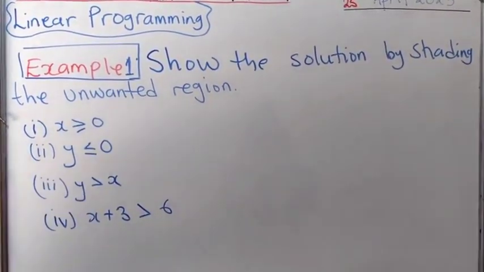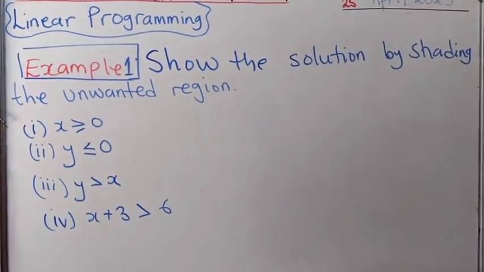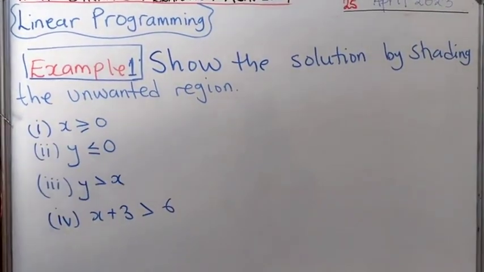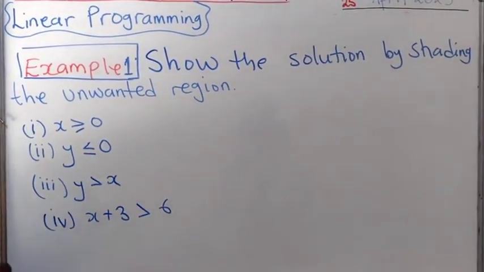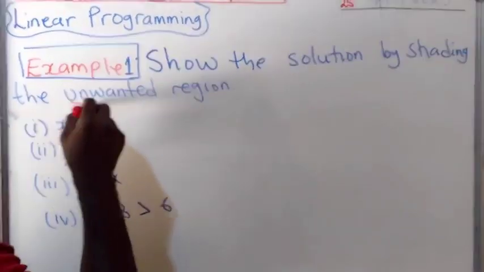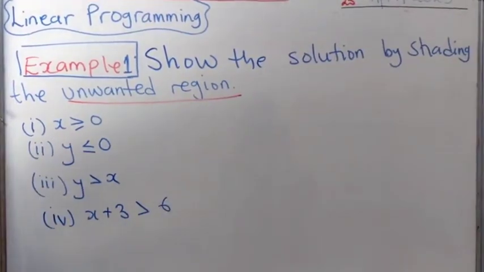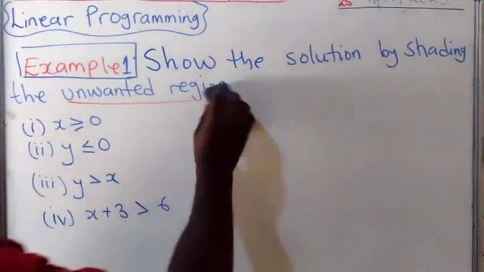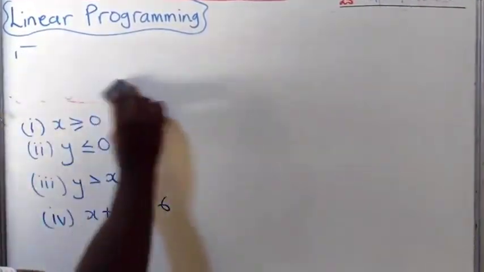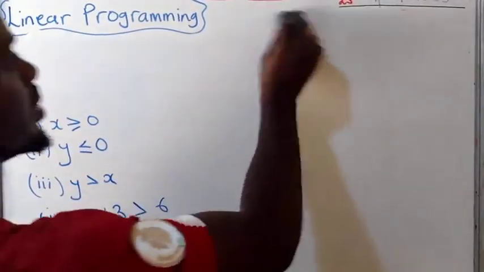So how can we show these linear inequalities on the Cartesian plane? Remember they have said you have to shade the unwanted region. Very important for us to understand this.